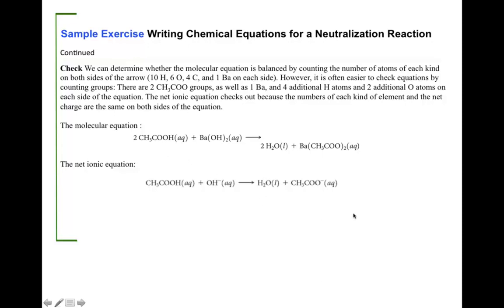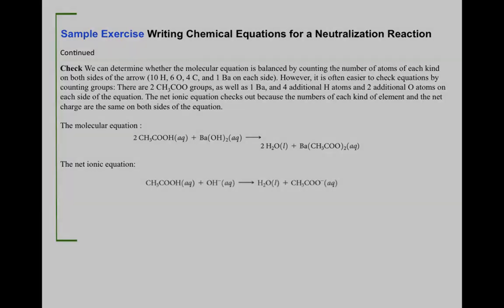So our net ionic equation also is balanced, and the net charge in the reactants is -1 because the hydroxide is -1. This one doesn't have any charge. And here in the products, water is neutral and acetate is -1, so we have a similar charge on both sides of the equation.